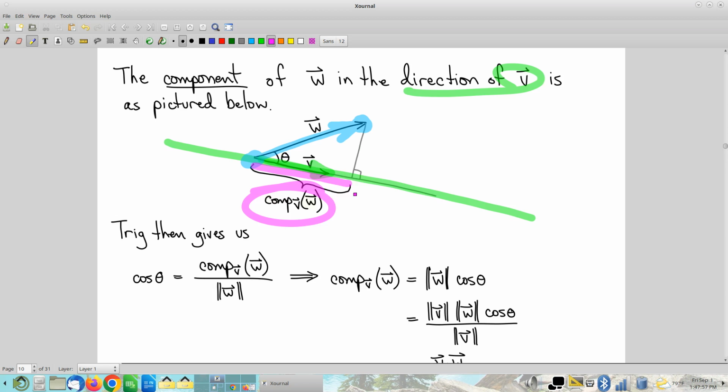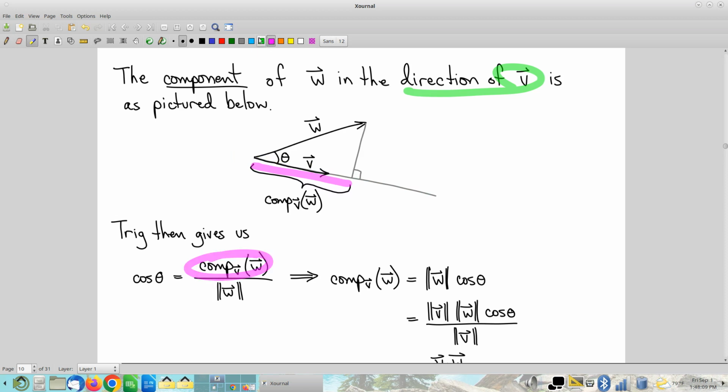Okay, now how do we compute this? No problem. Pretty easy to notice. Let me clean up my picture here. That component and the magnitude of the W vector are part of a right triangle on which I can do some trig, which makes this fraction the cosine of that angle.